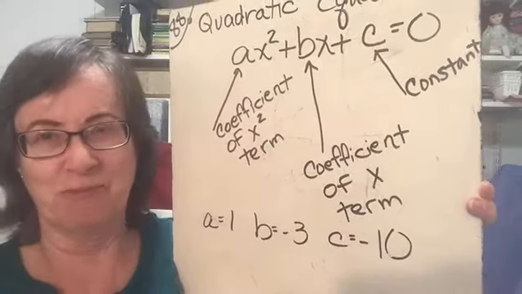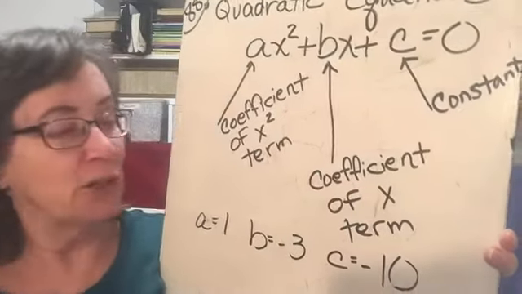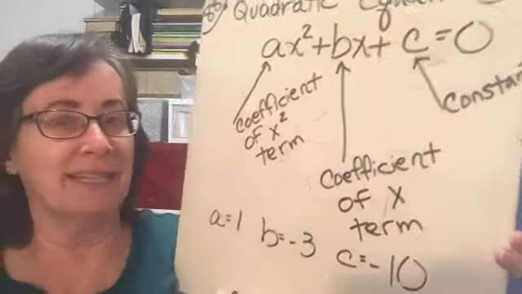Now, A, B, and C, these are known everywhere. So if I say, what is the A in a quadratic equation, you would say it is the coefficient of the x squared term. Everybody knows that. Okay, so now what if I tell you that I'm thinking of an equation whose A is 1 and whose B is negative 3 and whose C is negative 10?